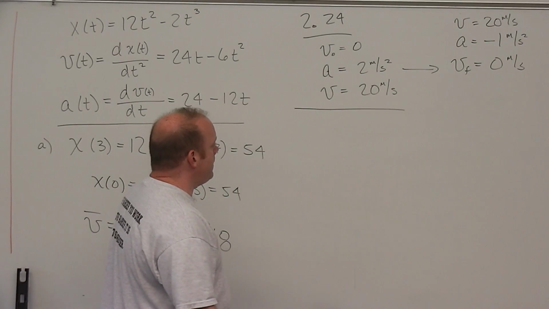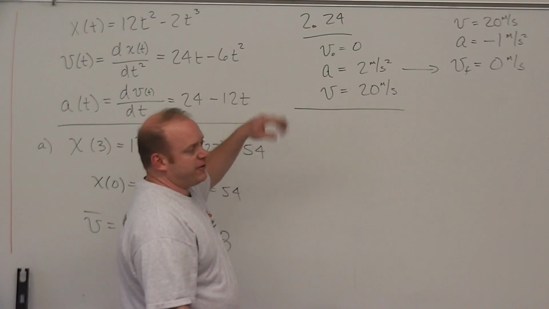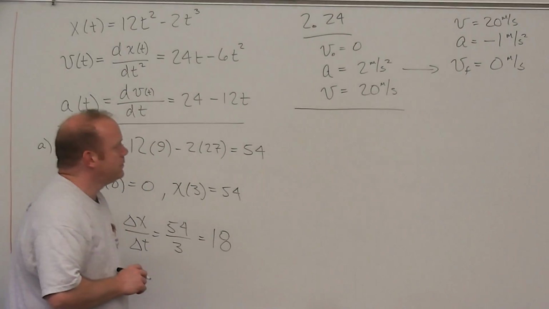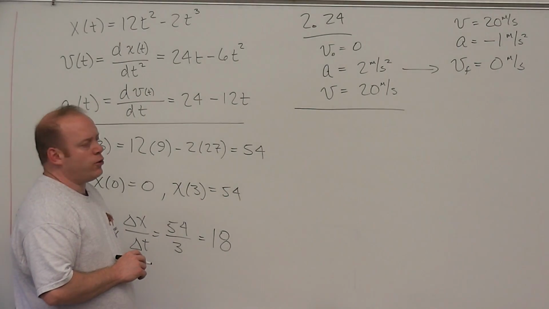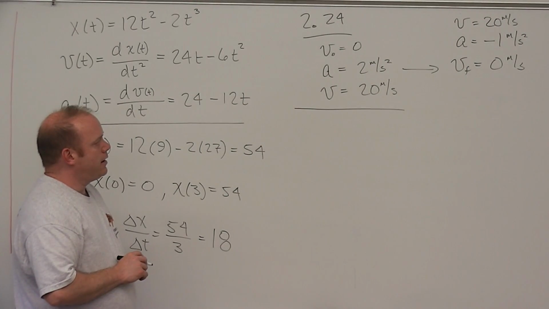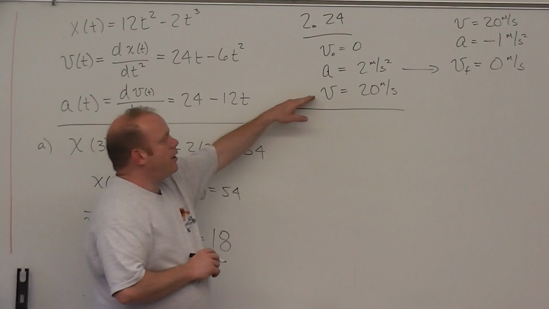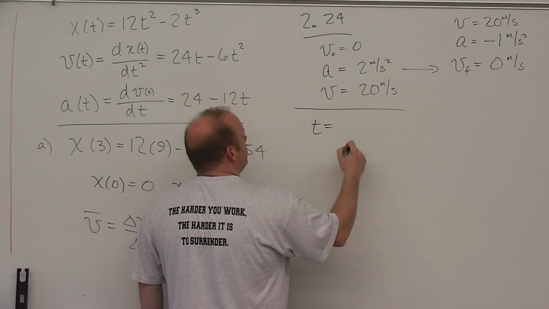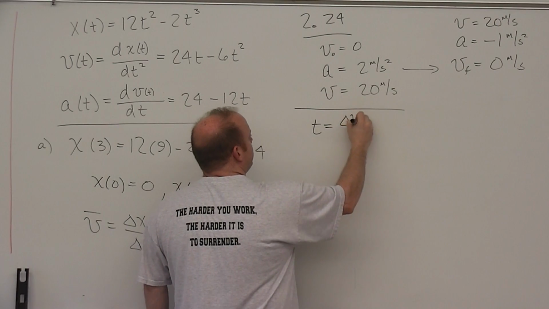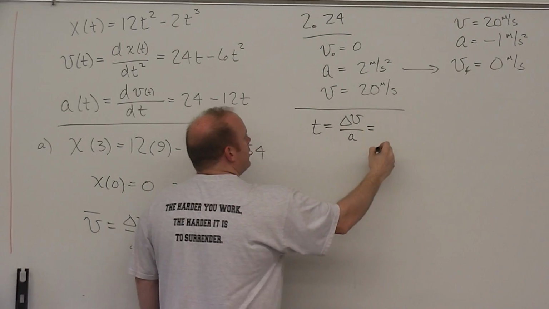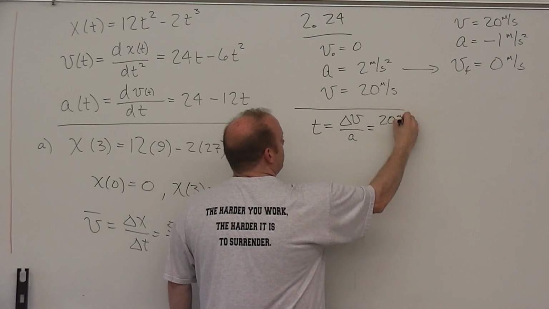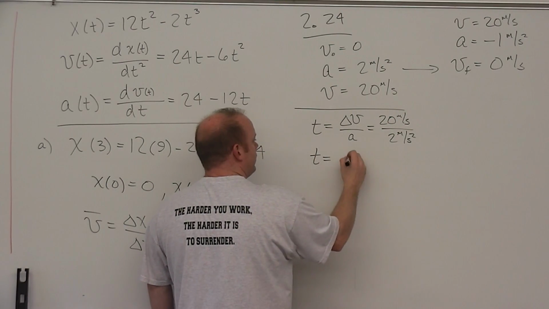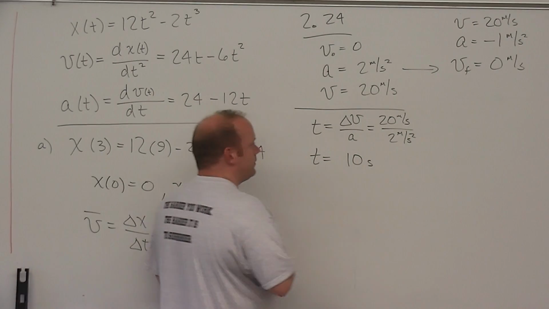At what time are you going 20 meters per second? Well, the time that it takes is going to be my change in velocity over the acceleration. So that's 20 meters per second over 2 meters per second squared. So my time is equal to 10 seconds.